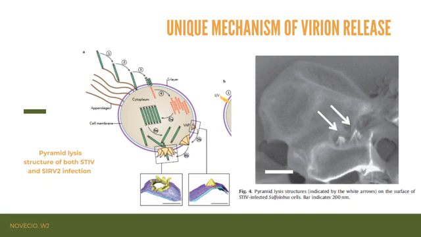So the production of the pyramid structures is solely dependent on a single viral protein, which is C92 in STIV and P98 in SIRV2. As you can see here in the left figure, after the assembly of the virions they arrange into bundles, the pyramidal structures form on the cell surface, perforate the S layer and disintegrate the virion bundles into separate mature virions, and then the pyramidal structures open, allowing virion egress.